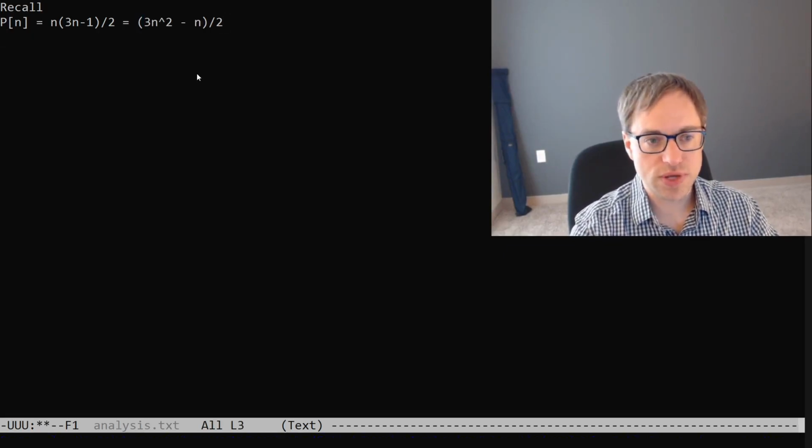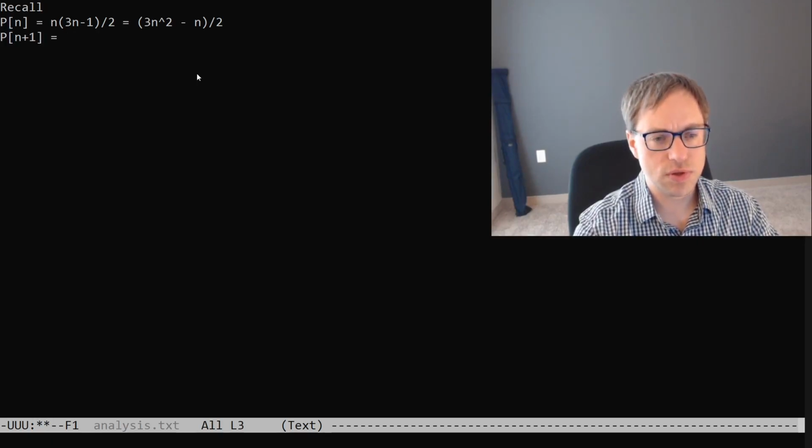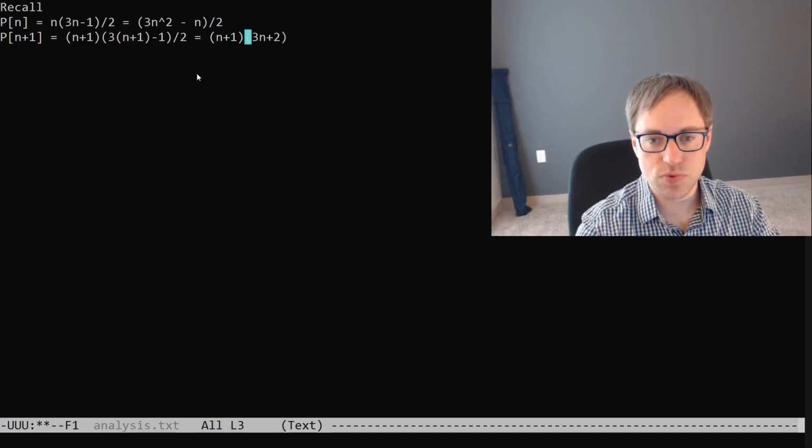We can also calculate the expression for the n plus first pentagonal number. So that's going to be equal to (n plus 1) times (3 times (n plus 1) minus 1) all over 2. And that will expand first to (n plus 1) times (3n plus 2) all over 2.